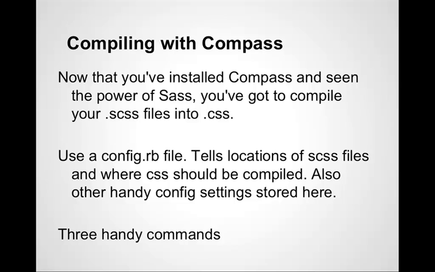Compass is going to look for a configuration file, or when you run Compass, you have to give it those parameters. This configuration file can do a lot of things, but generally the most important things are it tells it where the Sass files are, and it also tells it where you want to compile your CSS to, because that's important.